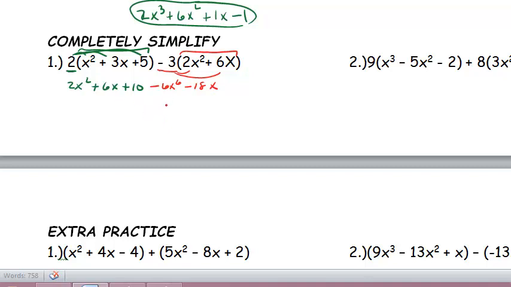Now I go ahead and combine like terms. Sorry, that's negative 6x squared. So 2x squared minus 6x squared will give you negative 4x squared. Remember, we have to write these in standard form. Then 6x minus 18x is minus 12x. And then your plus 10.